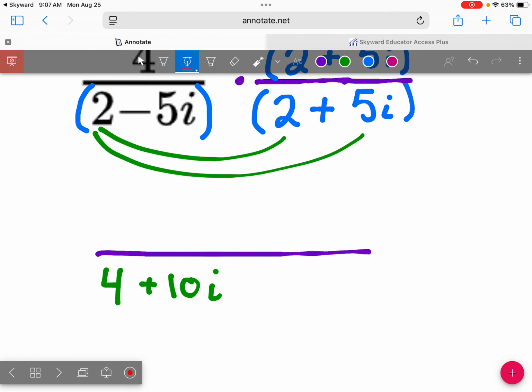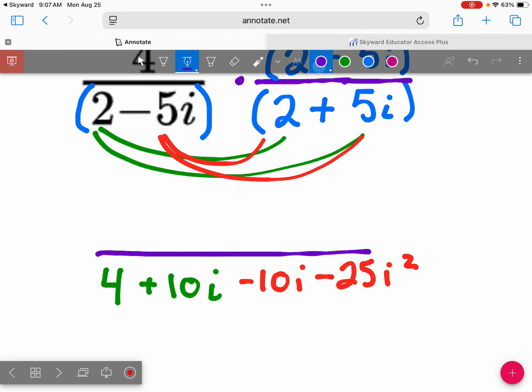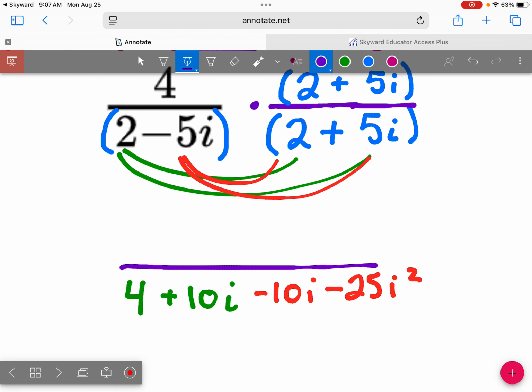Then we're going to have our minus 5i times 2 giving us a minus 10i, and our minus 5i times plus 5i giving us minus 25i squared. So I'm just multiplying out our denominator here. I'm just going to leave my numerator exactly how we had it here.